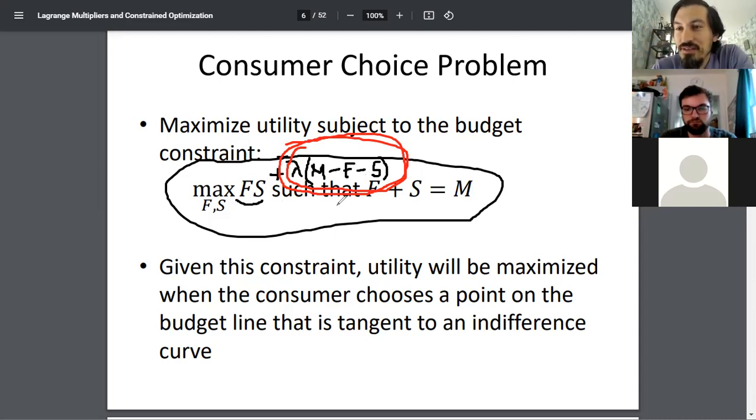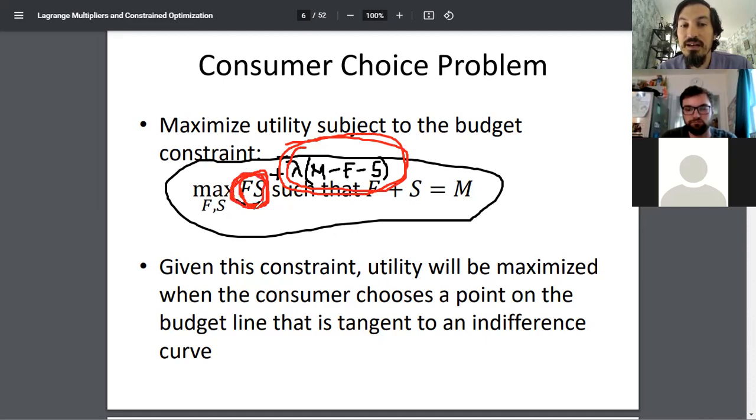Lagrange, the mathematician who described this method, did it because it's a way to internalize the constraint into the maximization problem. It means when I'm looking at first order conditions, I'm not just thinking about what happens to the objective function f times s as I change f.